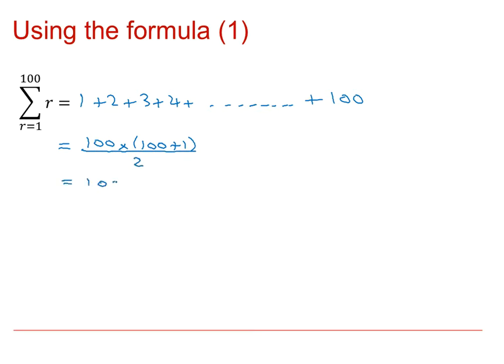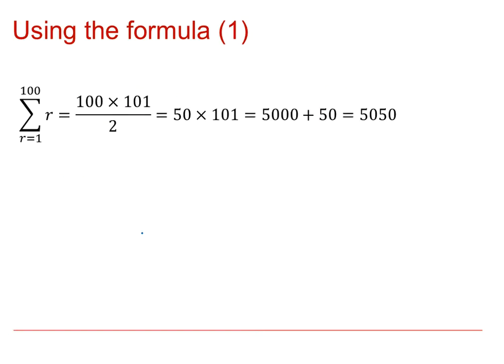In other words, 100 times 101 over 2, which is 5050. That is the sum of the first 100 integers using our n times n plus 1 over 2 formula, as we can see set out there.